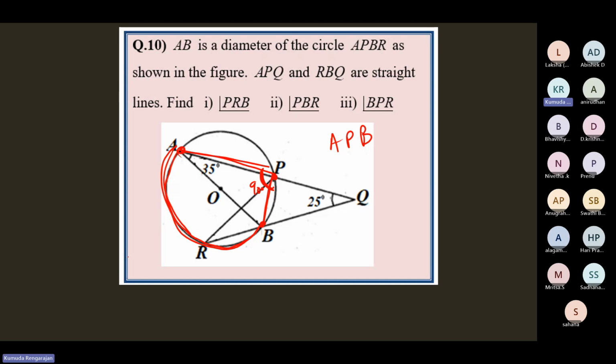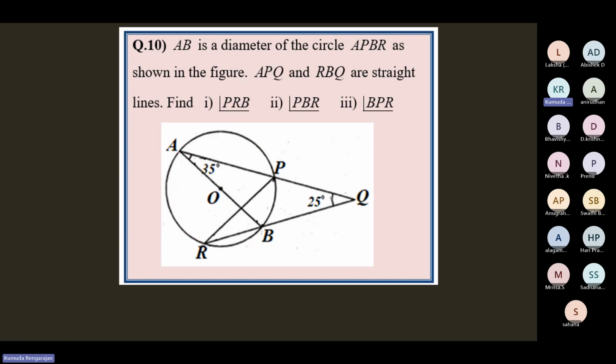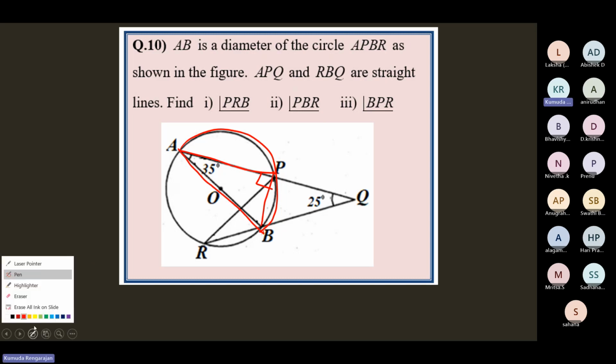Angle in a semicircle is a right angle. They're talking about this semicircle. Now the angle in the semicircle, this angle, is a right angle. So how do we identify that angle?